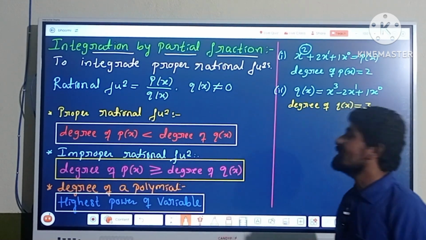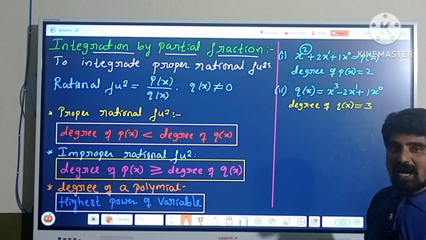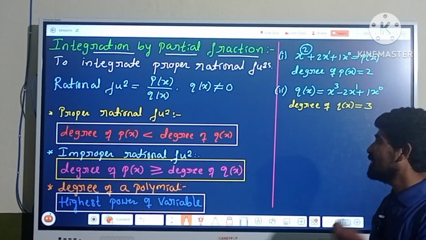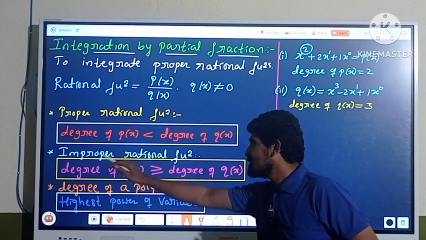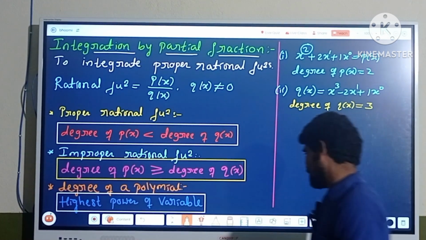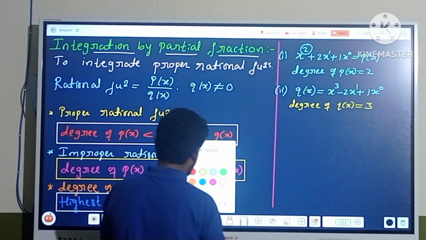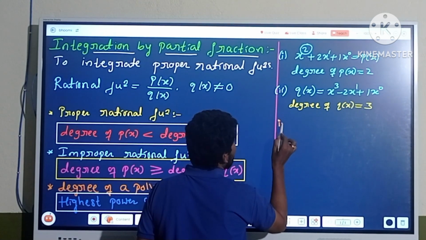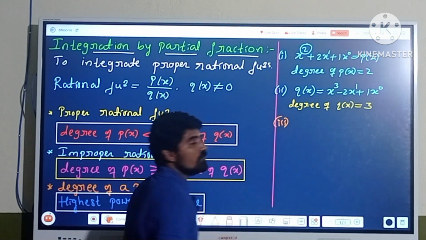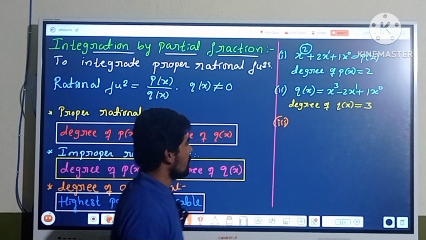Now let us consider some rational functions, and we need to observe which of the functions are proper rational functions and which are improper. The third example is a rational function, and we need to identify whether it is proper or improper.